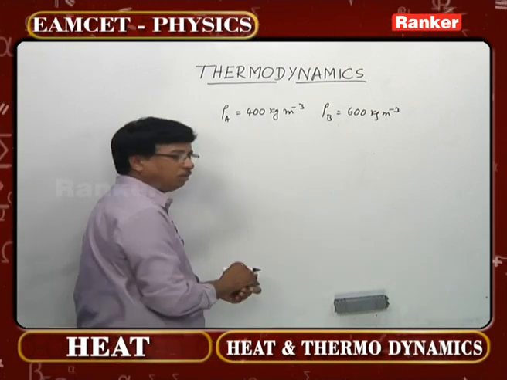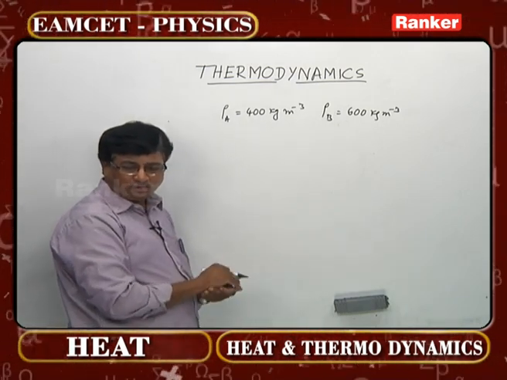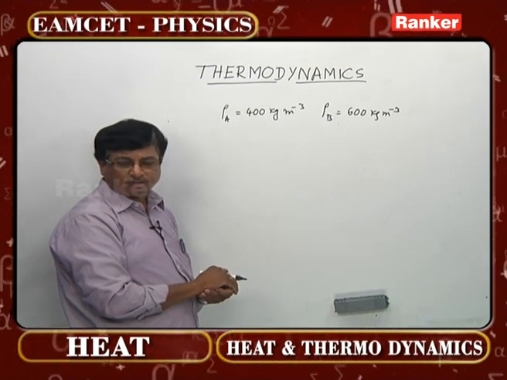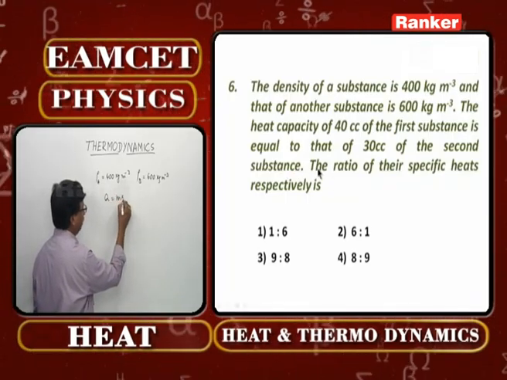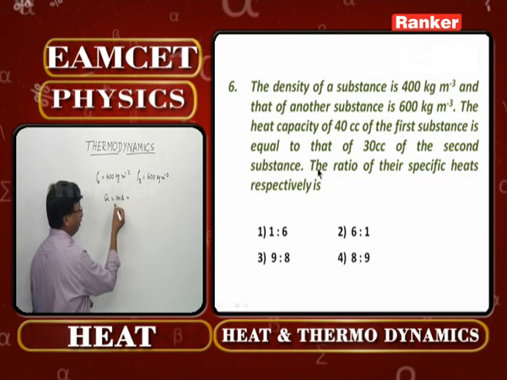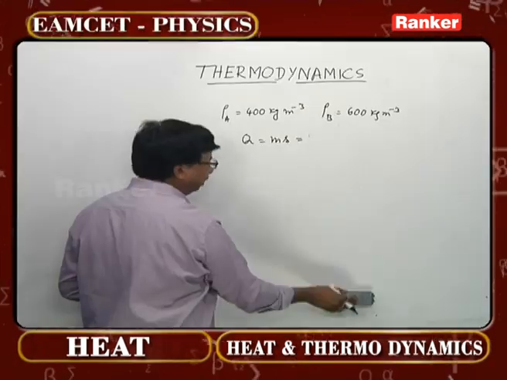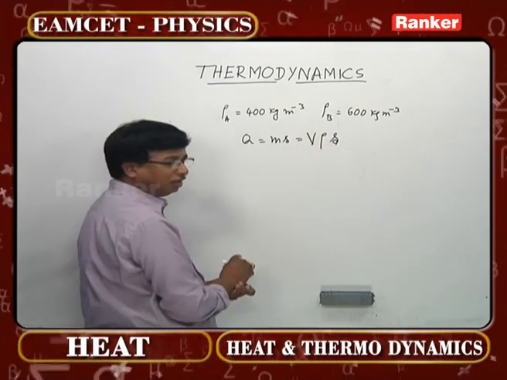The heat capacity of 40 cc of first substance is equal to that of 30 cc of the second substance. Means what? Q is equal to MS is the formula. Now you can write mass as volume into density. If I write that, V into rho into S I can write.